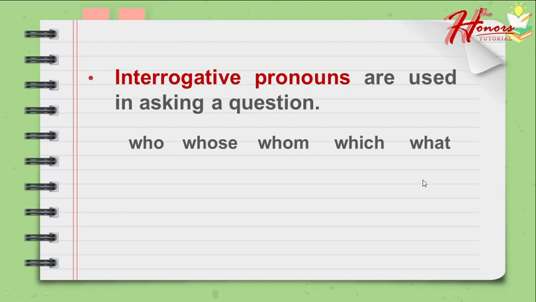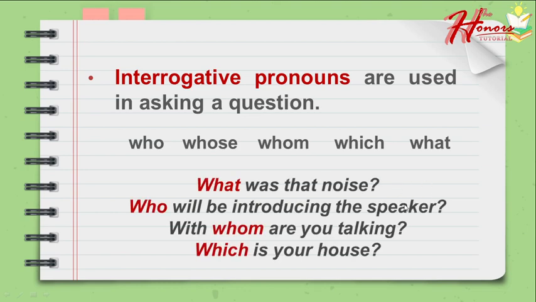Let's try to use these in sentences. Number one, what was that noise? Here, the interrogative pronoun is what, and it is referring to a thing or an object. Next, second one, who will be introducing the speaker? The interrogative pronoun here is who. It is used to replace a person or people.